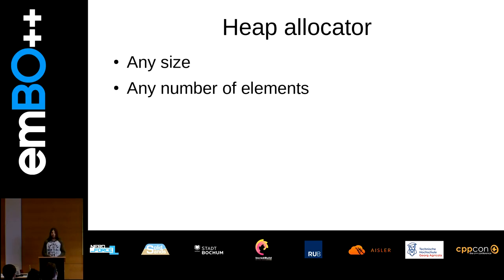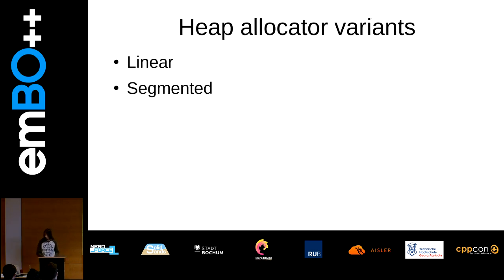Heap, you can put any size of allocation on the heap. So whether it be the entirety of the memory you want to allocate or only a single byte, that should all be possible on a heap. And you can also, of course, allocate any number of elements. There are two main variants of heap allocators.